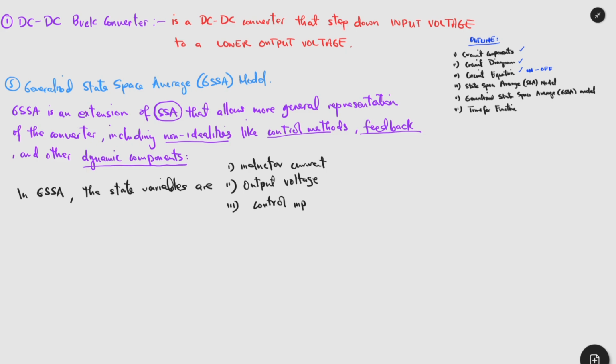The control input of a DC to DC buck converter is nothing but the duty cycle, and it is denoted as D.